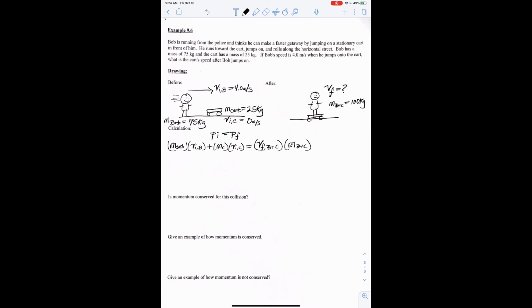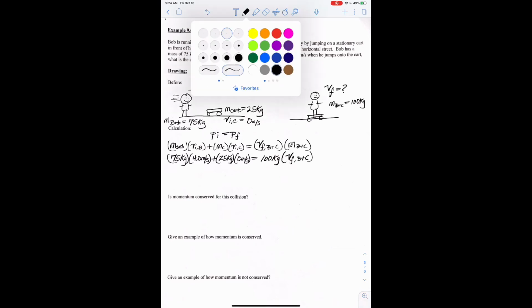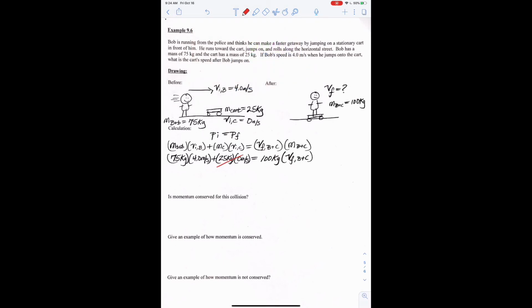Okay, so let's go ahead and plug in some numbers here. I'll just put this mass first now. I don't know why. I'm a stickler for that, but just trying to do it the same. Okay. So we can go ahead and see that this is going to go away. This is 0. 4 times 75, what's that, 300?